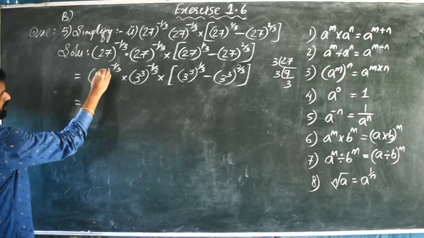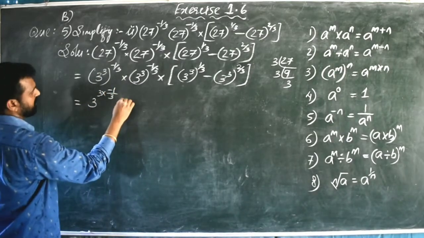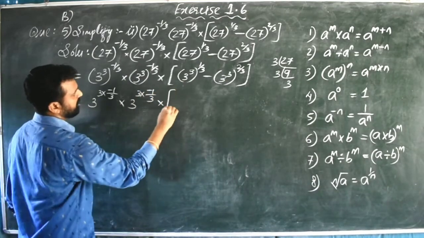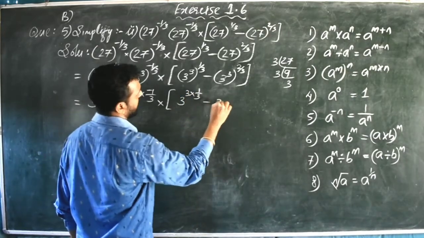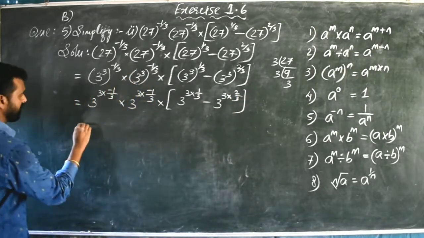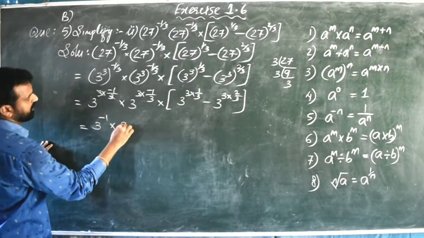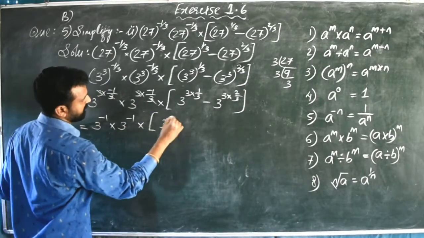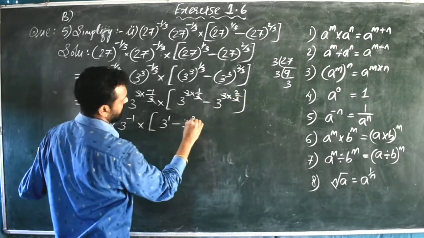Now it is of the form (a^m)^n, which is a^(m×n). So 3^(3×(-1/3)) into 3^(3×(-1/3)) into [3^(3×1/3) minus 3^(3×2/3)]. Then that is equal to 3^(-1) into 3^(-1) into [3^1 minus 3^2], where the 3s cancel.